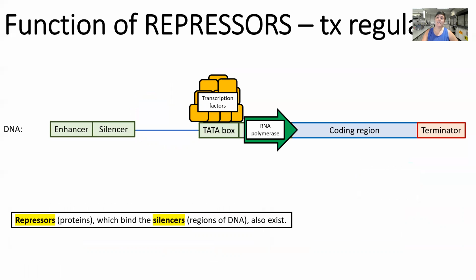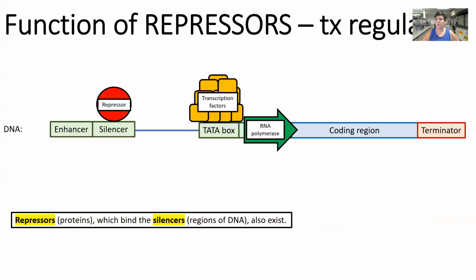But if the microenvironment says that we don't want this gene turned on, instead of recruiting an activator for this gene, we would recruit what's called a repressor. And a repressor functions very similarly to an activator.